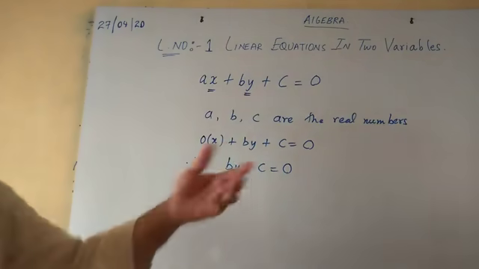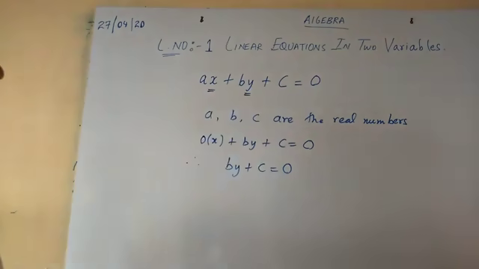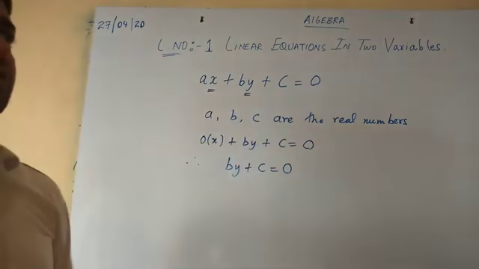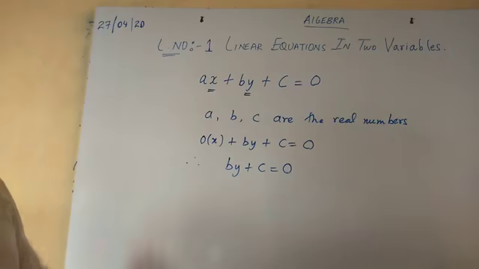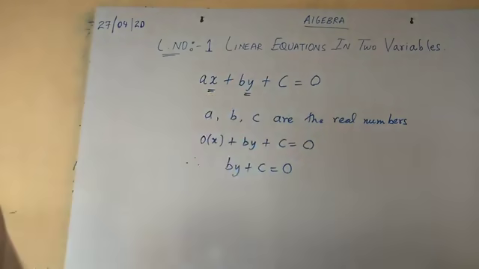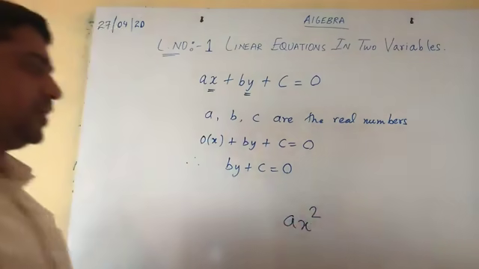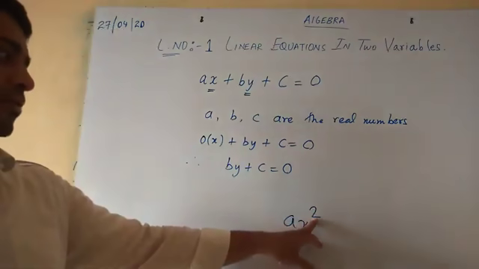Now one more basic question is why this equation is called a linear equation in two variables. What do you mean by linear here? Now here variables x and y have degree 1. If I write ax square, then the degree of variable x is 2.